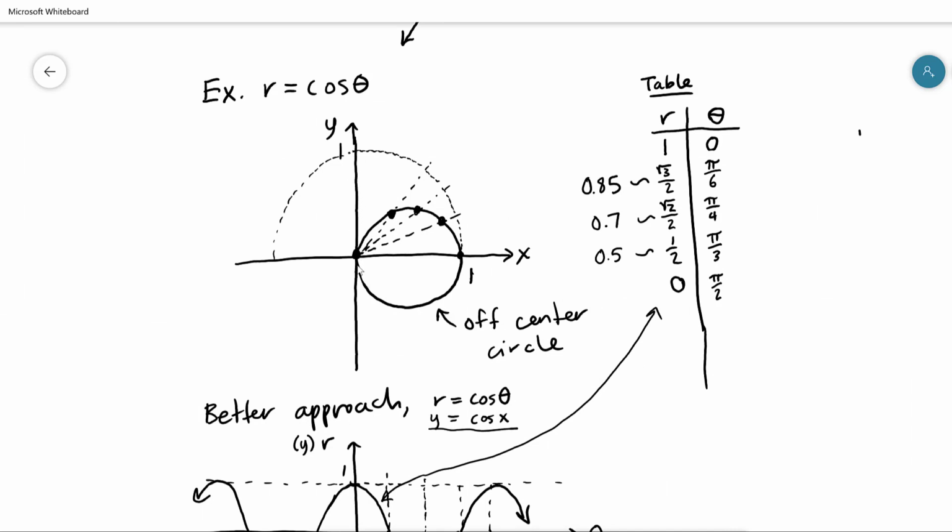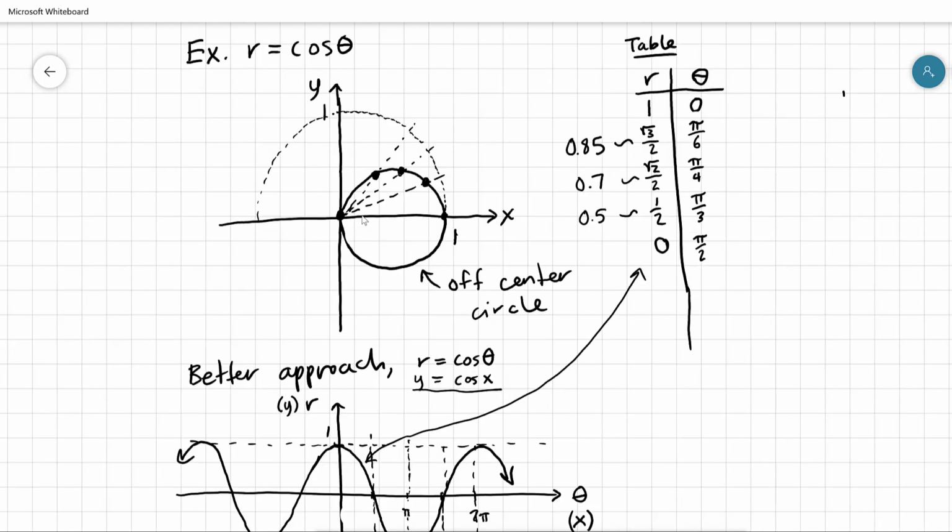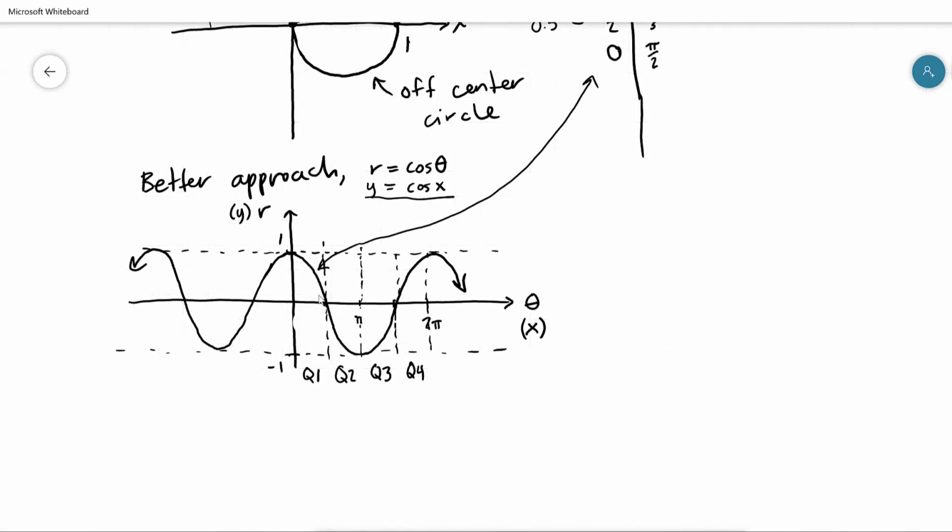Now as I go from pi over 2 to pi, our second quadrant region, that entire region, what are the values of r? Well, it's exactly the same shape that we did here, but now all the values of r are negative.